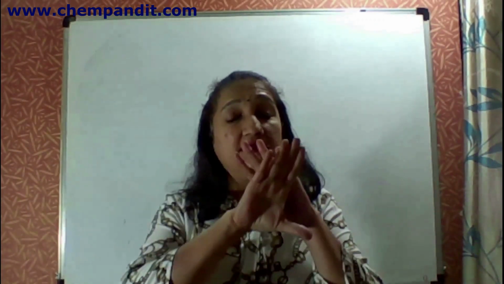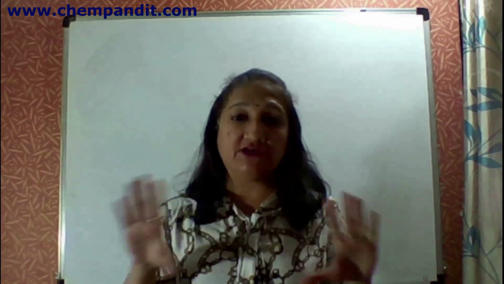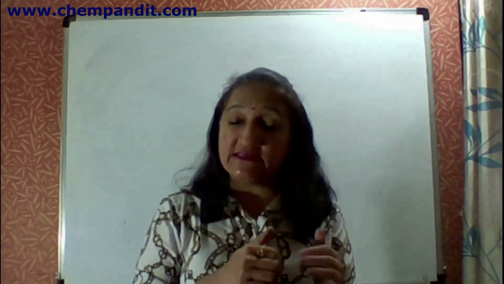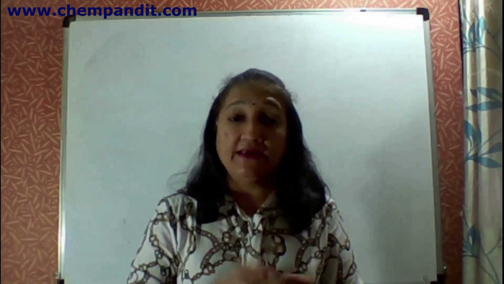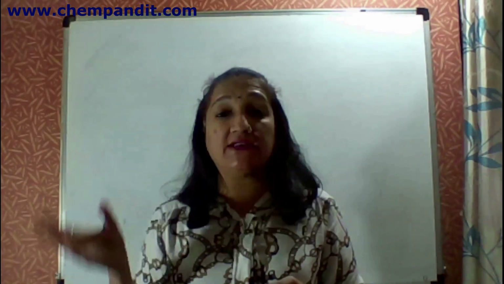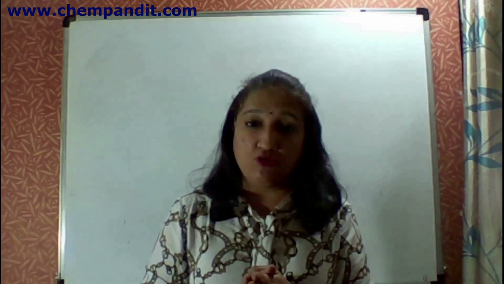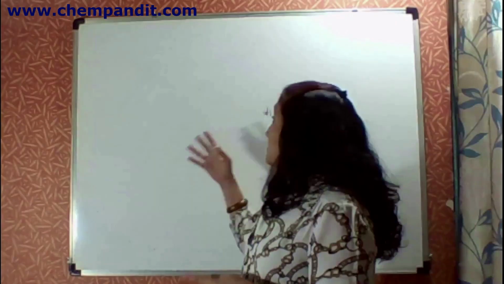I have divided the whole nomenclature of organic compounds into different parts so that it is easy for you all to understand. In one go, you cannot understand all the rules and you will get confused. So in today's part, we will only discuss the aliphatic hydrocarbons without functional groups, the very simple ones. So let's begin.